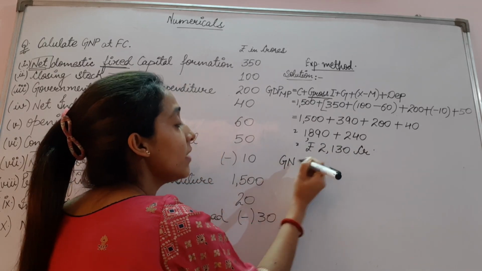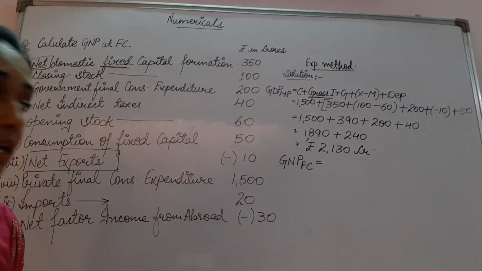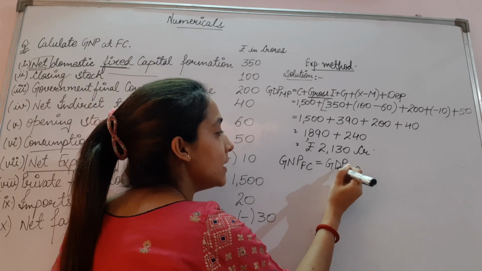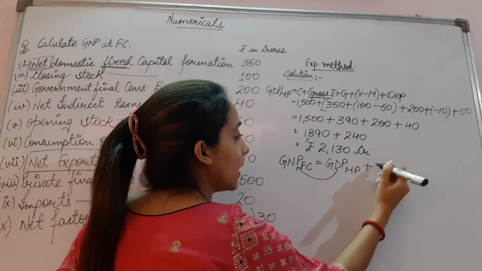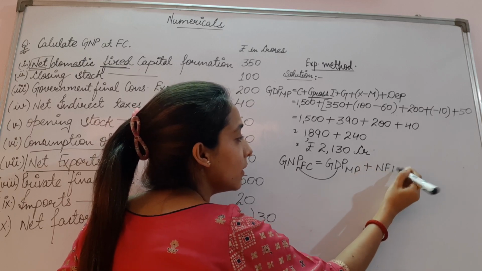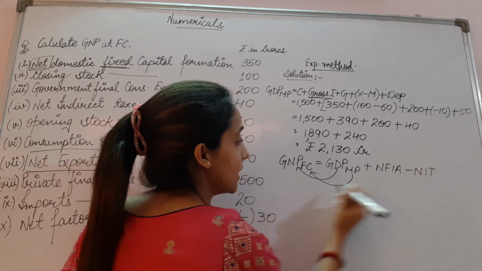But in the question we have to calculate GNP at FC. So it will be GDP at MP; from GDP to NP, we have to add NFIA, and from MP to FC, minus NIT.